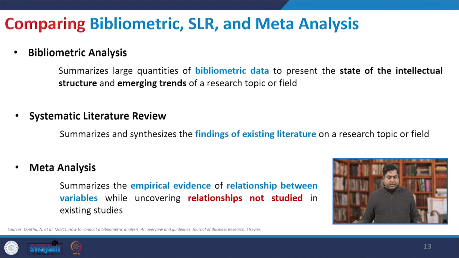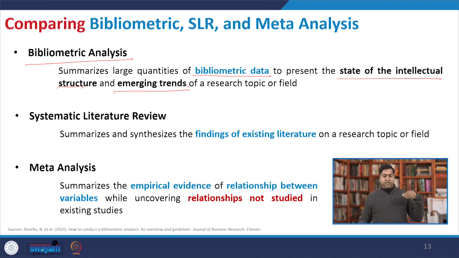Now this is towards the end of this presentation, which is about summarizing the overall utilization of the literature review, the types of literature review. So bibliometric analysis summarizes large quantities of bibliometric data. In this case we are not going to see the content, but present the state of intellectual structure and emerging trends.